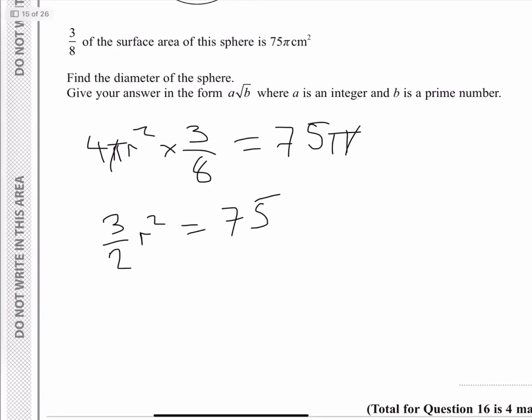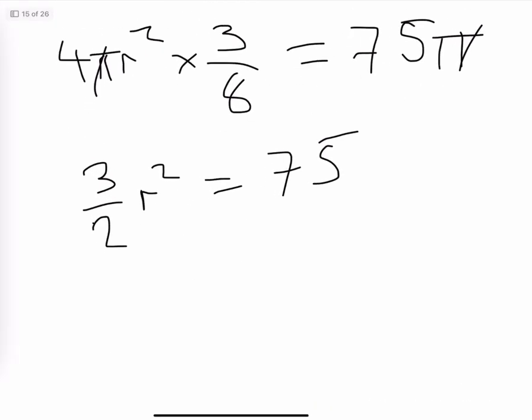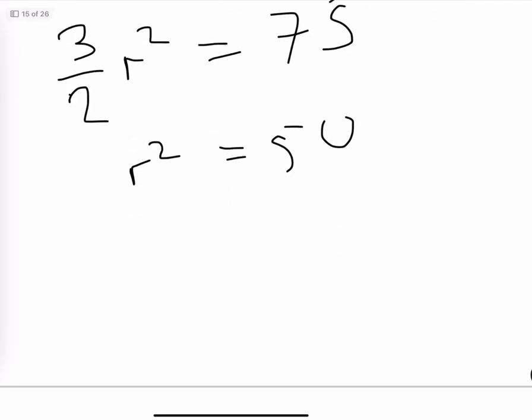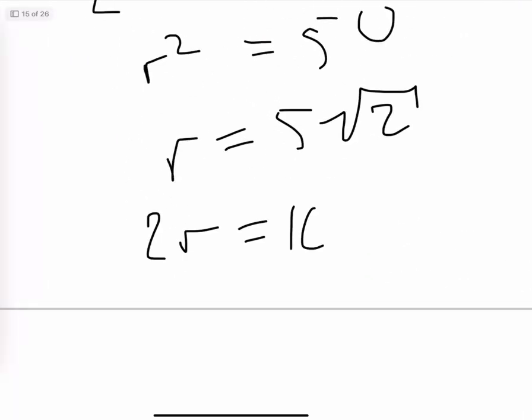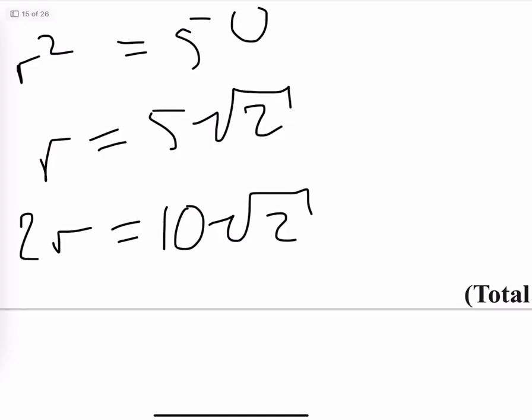That then gives us an r squared of 50, which gives r is equal to 5 root 2. They have asked for the diameter, so that's 2r equals 10 root 2 equals diameter.